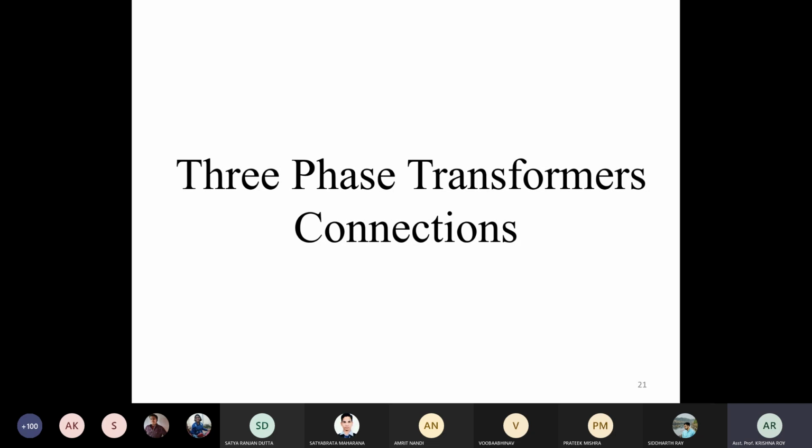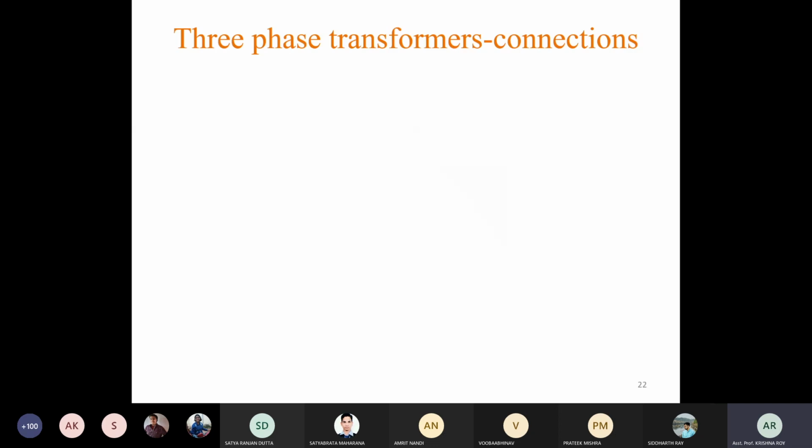As I have already mentioned, there are different types of connections like star-star, star-delta, delta-star, delta-delta, and zigzag. We can connect any winding of a transformer either in star or delta or interstar, which is also known as zigzag.